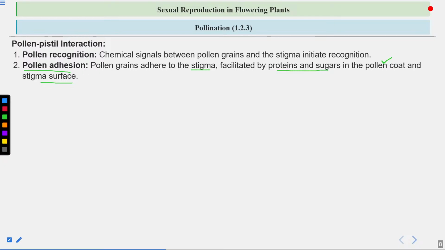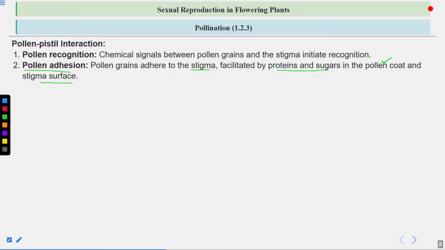Now, this protein and this sugar allow the pollen grain to adhere. Adhere means to stick to the surface of the stigma. So it adheres to the surface of the stigma with the help of the proteins and the sugars released by the pollen coat as well as the stigma surface.